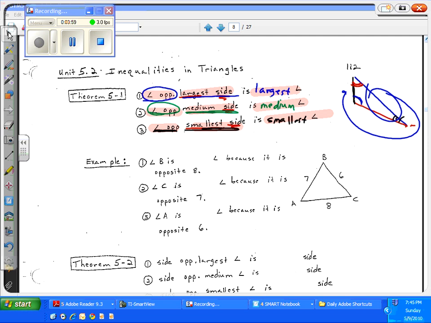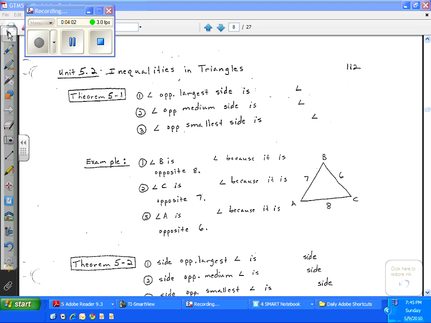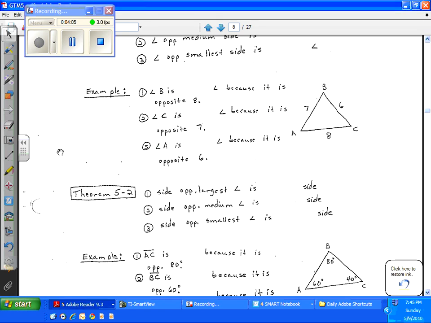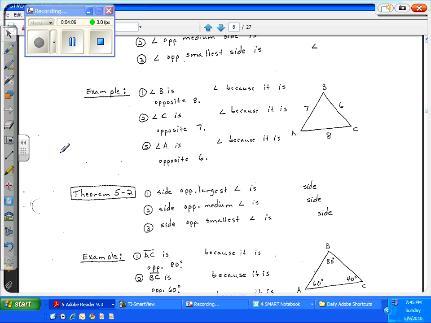That's kind of complex. What we did here is we created a triangle that looks almost isosceles or almost equilateral, and so you really couldn't tell by looking which angle is bigger, A, B, or C, because they're so close to the same. But we could reach the conclusion that angle B is the larger of the angles because it's opposite the larger side, 8.